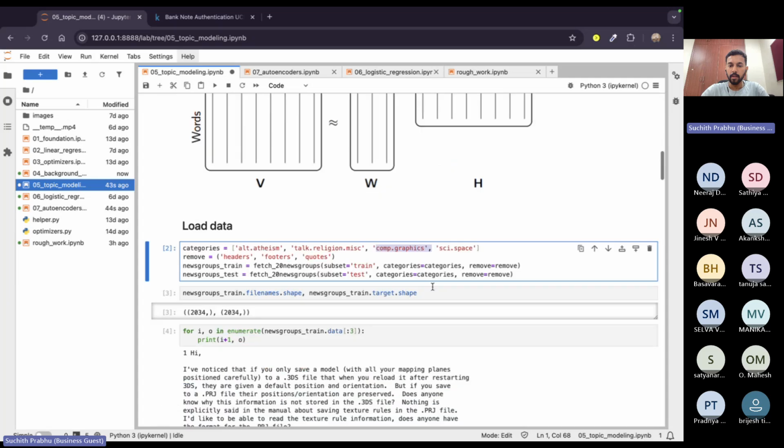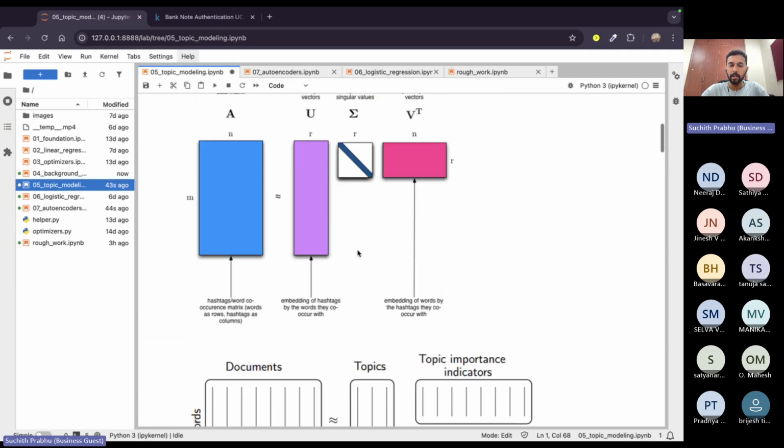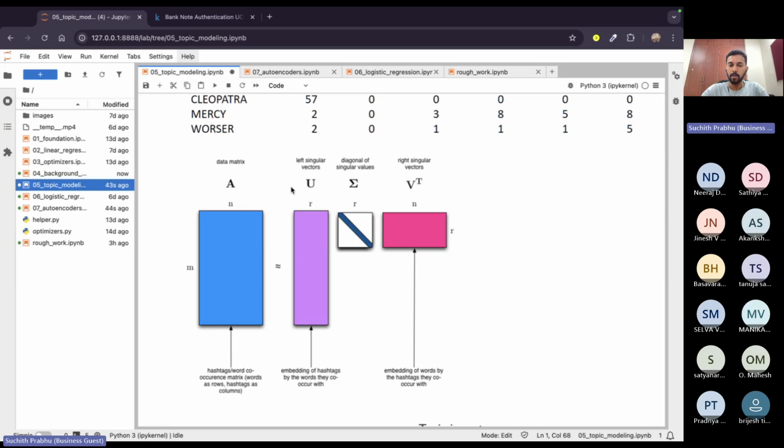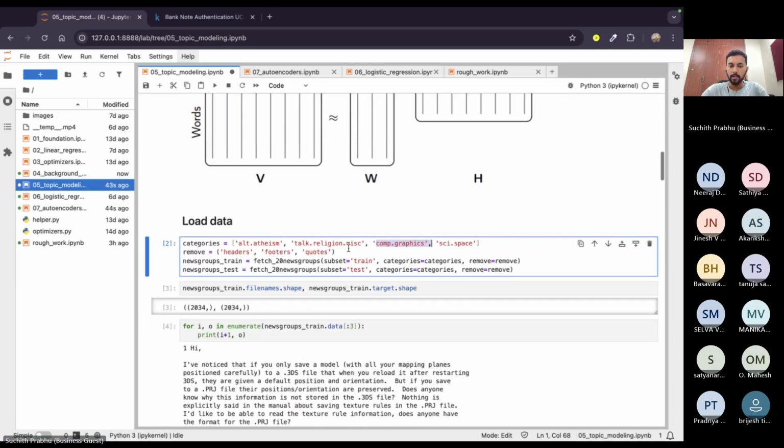By breaking down into these matrices, it'll try to model topics.